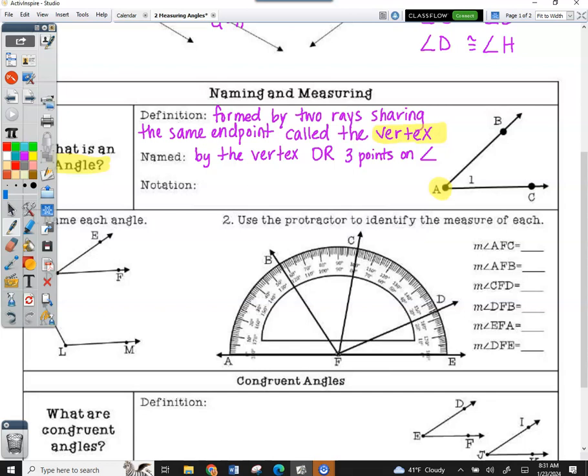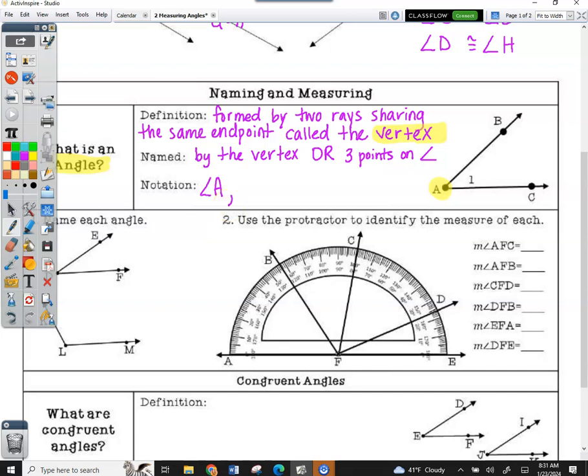So for instance, this right here is an angle, and we're gonna actually show like 4 ways to name it. The first way we could name it is by A. We could call it angle A. So if I said angle A, you would direct your attention to that angle.